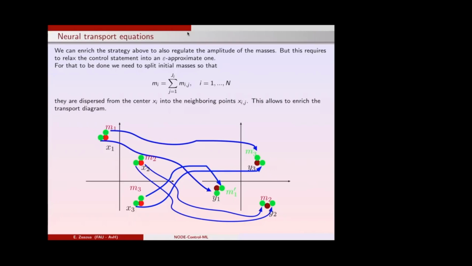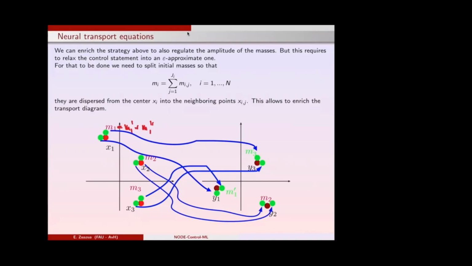What you need to do is to take the initial point with mass M1 and split it into small points, I mean, into two points that are very close. So this mass M1 can be rewritten as M1 prime plus M1 double prime.